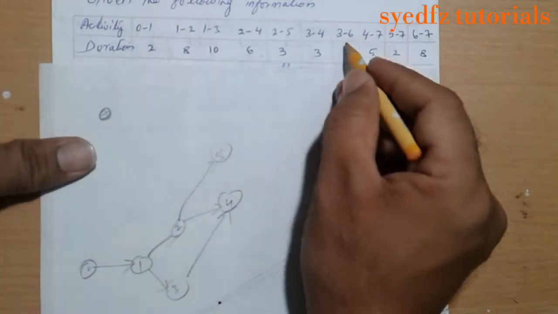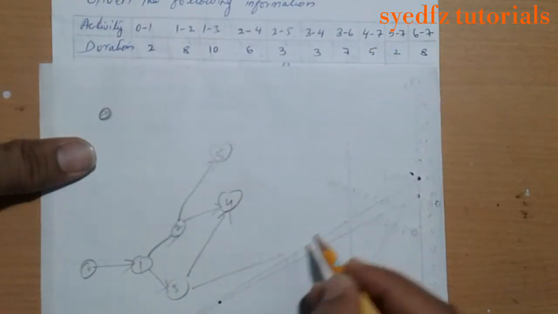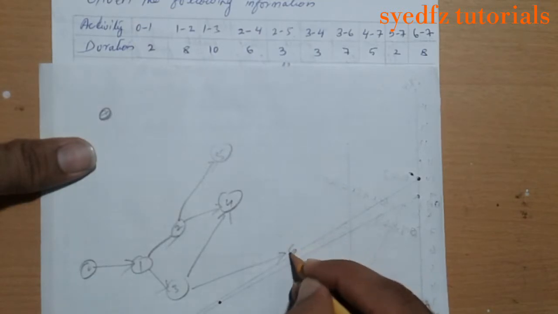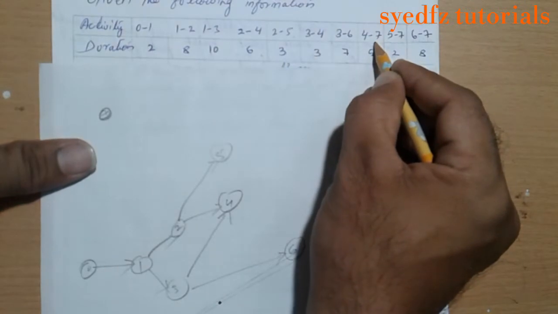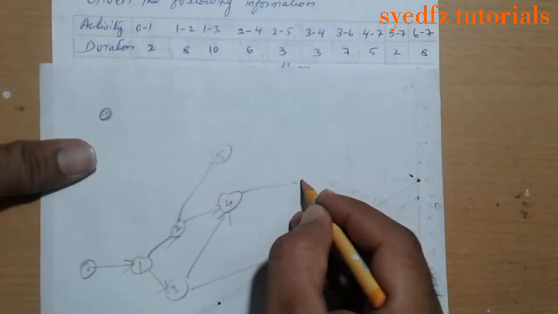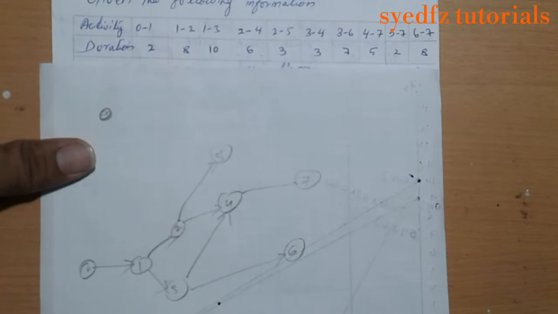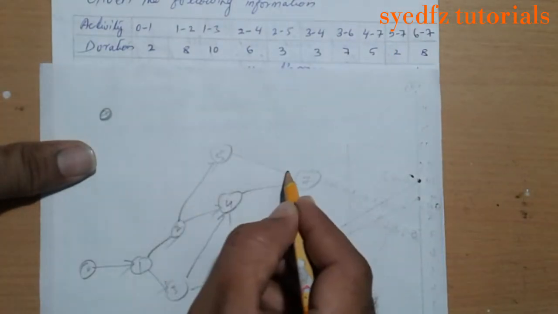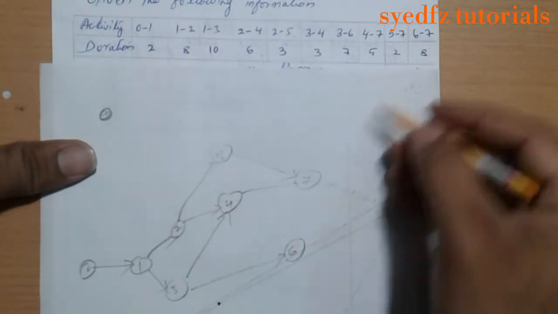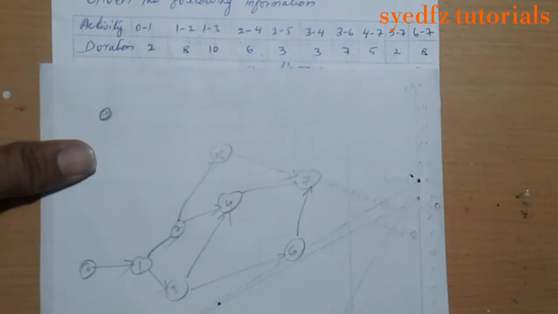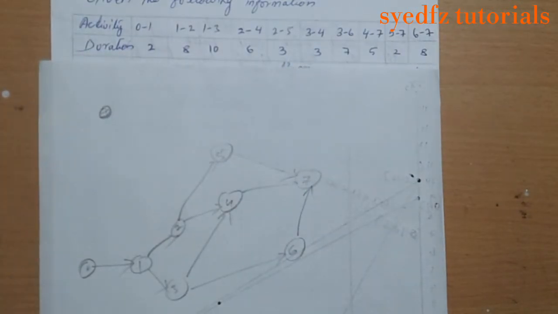Now 3 to 6, one activity executed, that is 6. Now 4 to 7, from 4 one activity is executed, that is 7. Then 5 to 7, and 6 to 7, the execution of activity. So now this became the diagram.